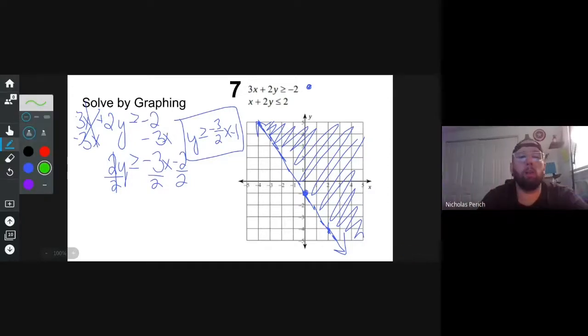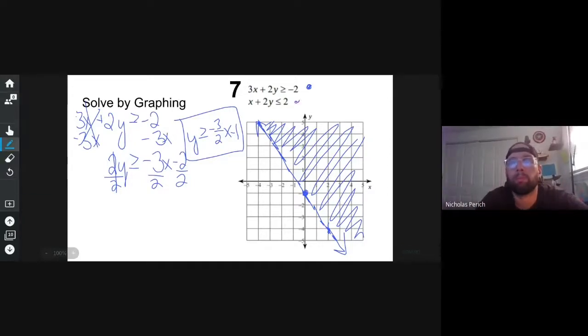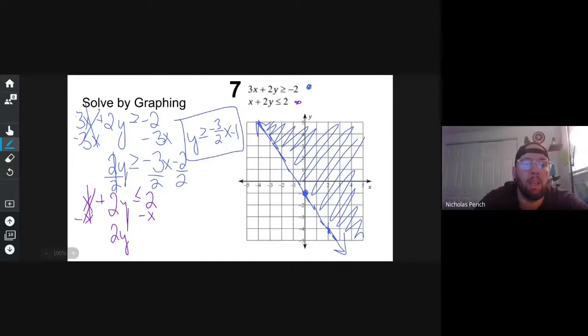Let's do the bottom one in purple. I have x plus 2y is less than or equal to 2. Is y all by itself? No. Minus x. So that leaves me with 2y is less than or equal to negative x plus 2.